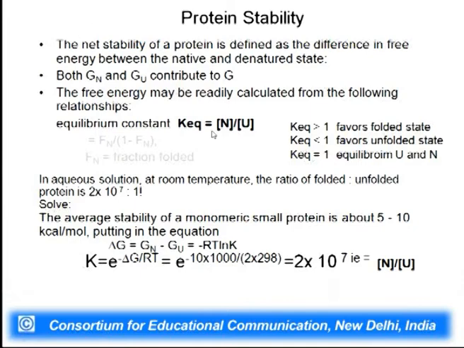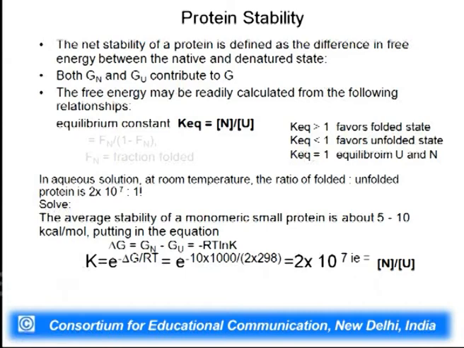When we have these square brackets, we are taking it as the concentration or number of molecules which are native versus the number of molecules which are unfolded. So, we can very simply say what the ratio of unfolded to native is.